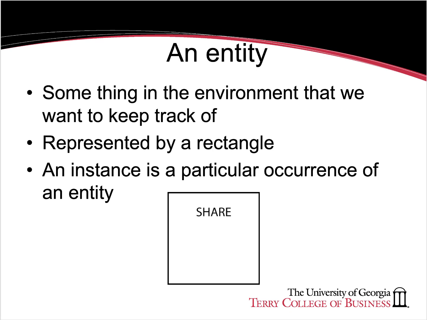An entity is represented by a rectangle, and an instance is a particular occurrence of an entity. For instance, if we take the university system, a student might be an entity that we would want to keep track of. Each individual student is an instance or a particular occurrence of the generalized student entity.